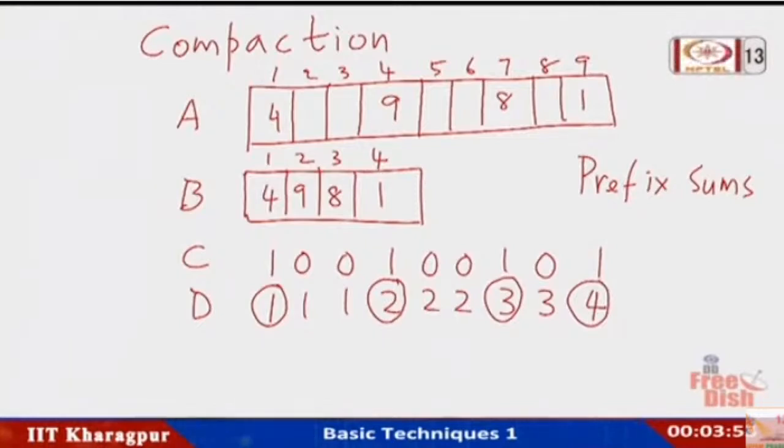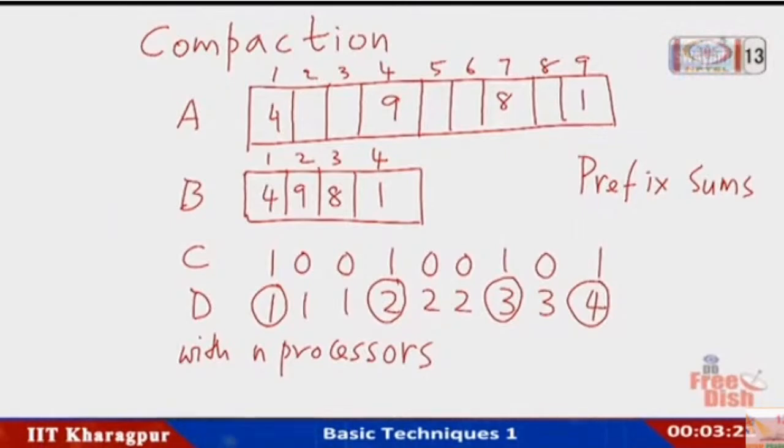So let us say we have n processors. So let us assume one processor occupies each single position of D. If a processor is qualified, the qualified nodes have been circled here. So if a processor is qualified, then the processor will copy the corresponding location of A into the index provided here.